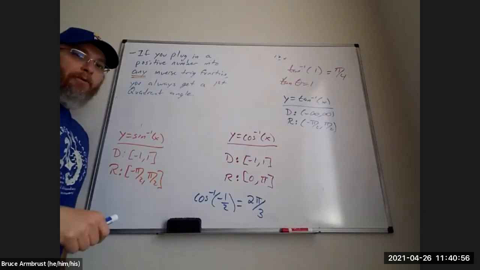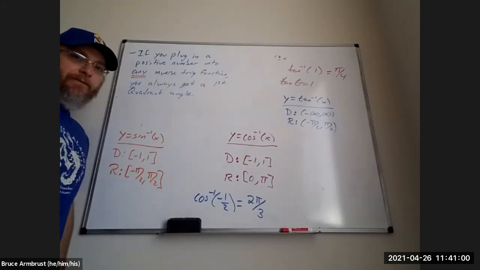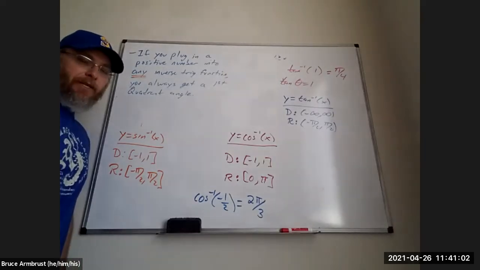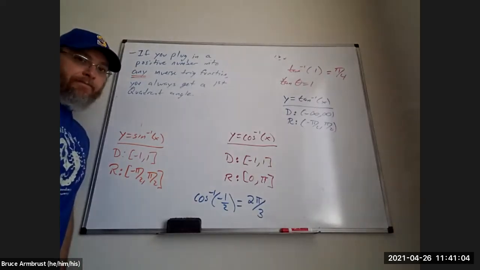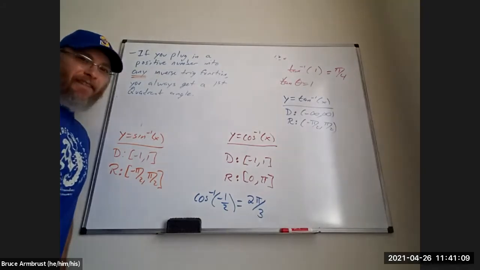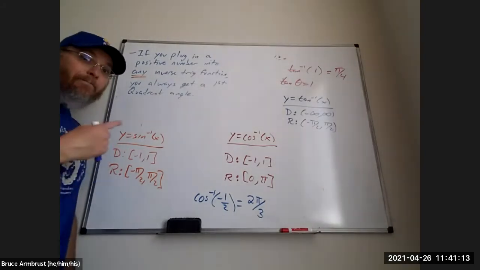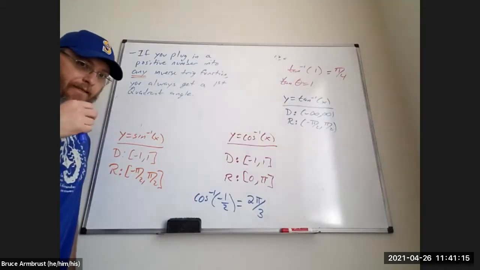So you're going to like putting positives into the inverse trig functions because they're just going to give you an angle between 0 and pi over 2. Always. You never have to think with positives. But that's by design. It's totally by design.